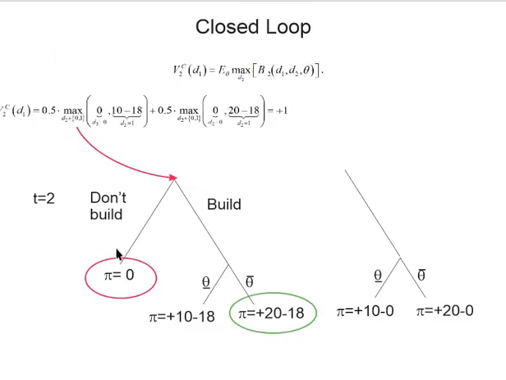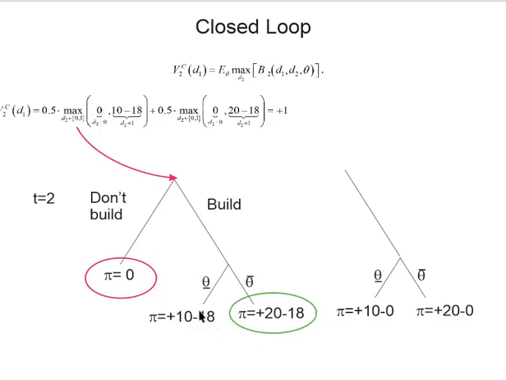Now let's look at closed loop decision rules. In closed loop decision rules, you can actually see the information. You get information and then you act on that information. In this case, if you haven't built and you see that it's theta upper bar, then you're going to take 20 minus 18, and you're going to get a payoff of positive 2.